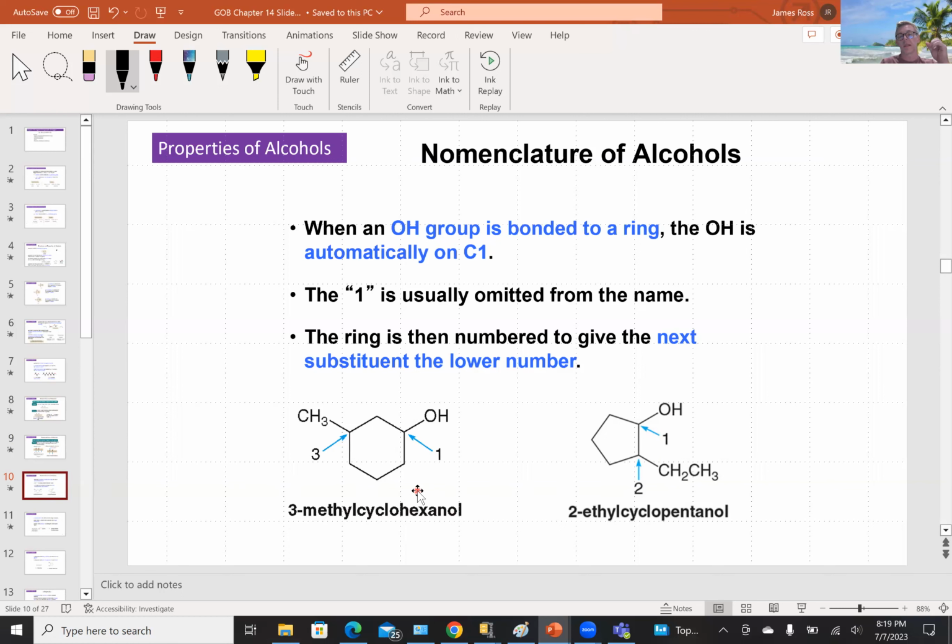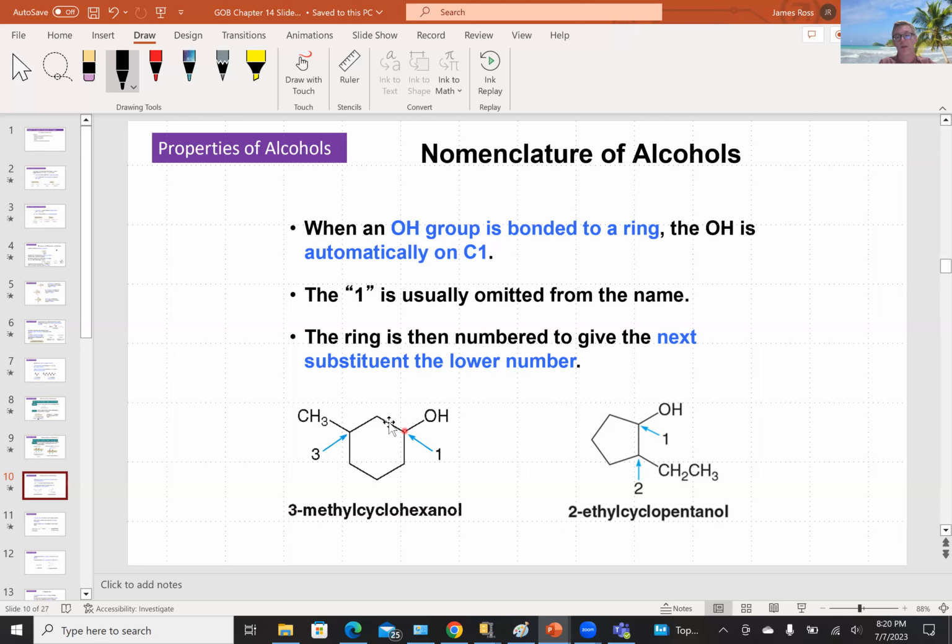We prioritize the lowest number for the alcohol. So by definition, we just call that carbon 1. And because it's carbon 1, it's assumed to be carbon 1. We don't have to spell out that it's carbon 1. It's just taken to be a given fact. So we have cyclohexanol because we have a 6-membered ring, and by definition, the alcohol is on carbon 1.